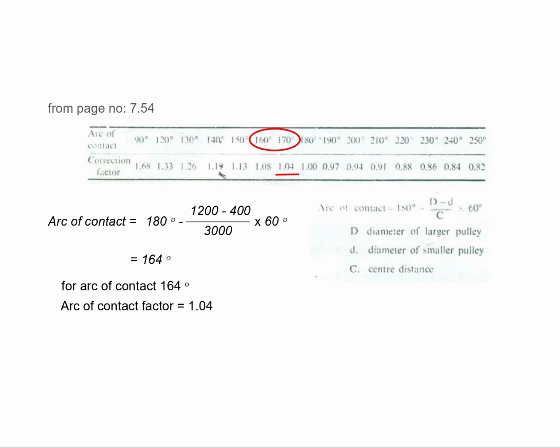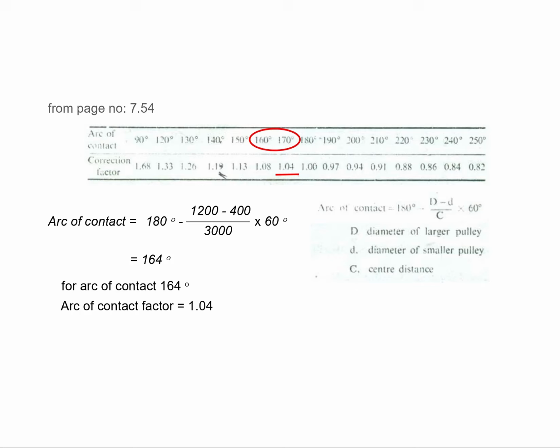Next, we have to find arc of contact. The formula is arc of contact equal to 180 degree minus capital D minus small d by C into 60 degree. Here capital D is diameter of larger pulley, small d equal to diameter of smaller pulley, C equal to center distance.